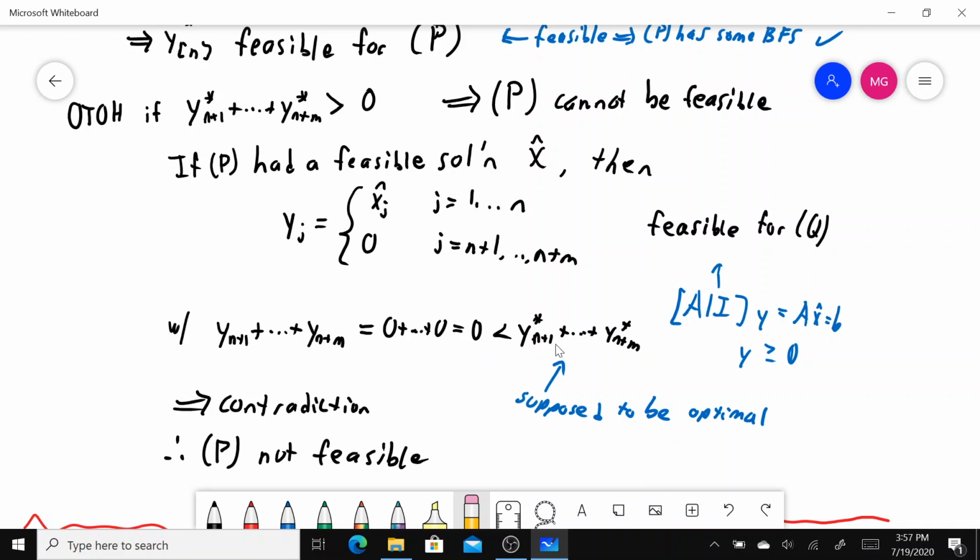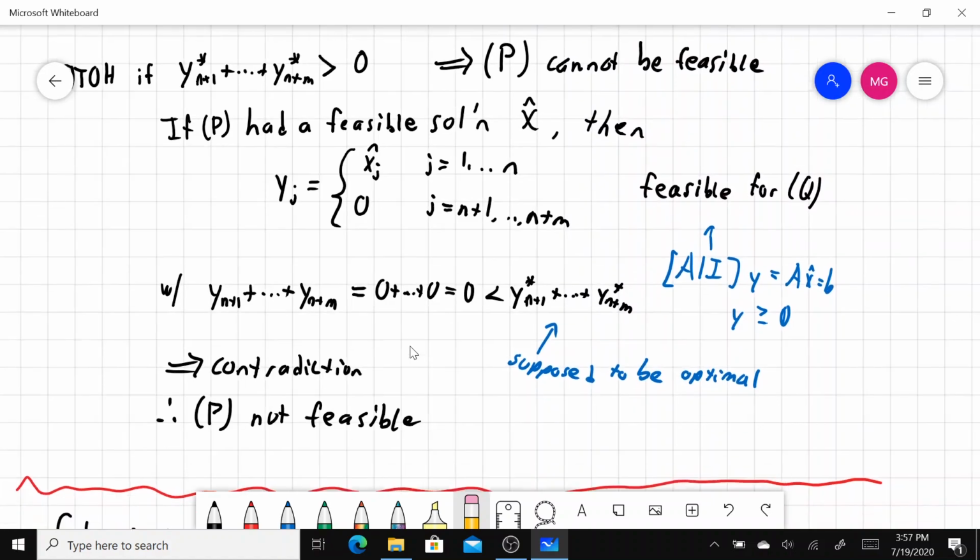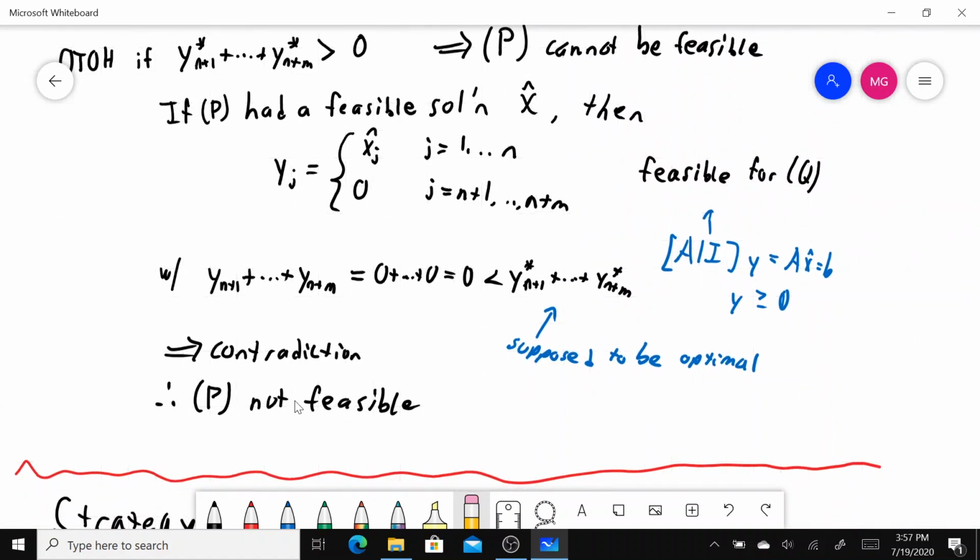That's of course strictly less than the sum of y star n plus 1 through y star n plus m, which is supposed to be optimal. So y star was supposed to give us the best possible, but we found a feasible solution y which is even better than y star. That's a contradiction with the fact that y star is optimal, so P cannot have a feasible solution, because if it did, we could do this construction and contradict optimality.